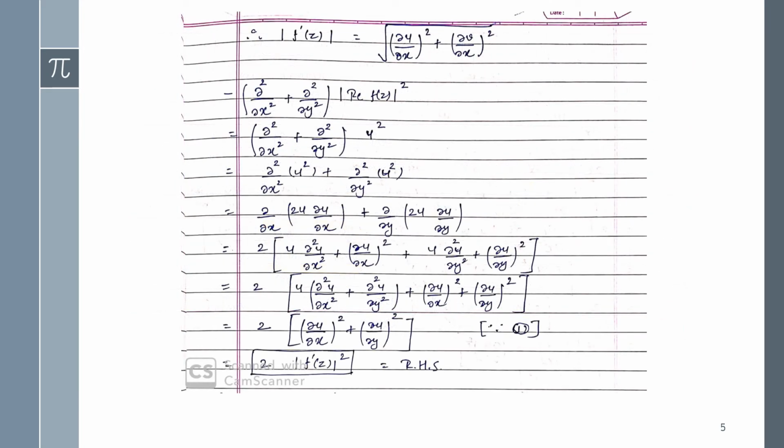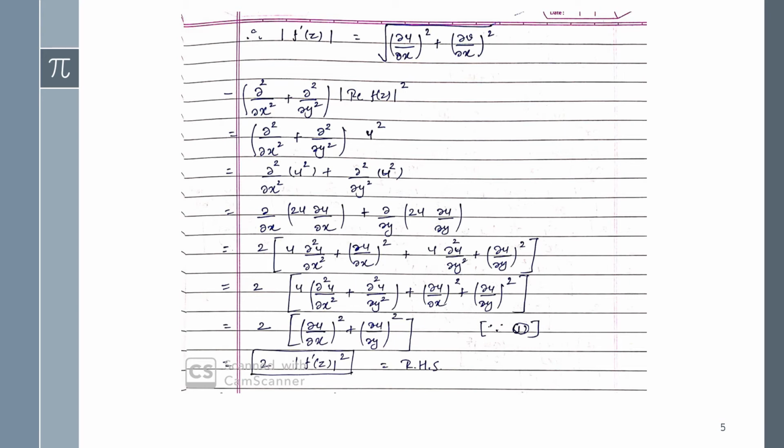So now from this f dash of z we can write its mod also, right? Because as you know the equation, from the equation you have to find its mod also, right? So I'm finding its modulus. This one will be in the under root form, like mod z will be under root of x square plus y square.